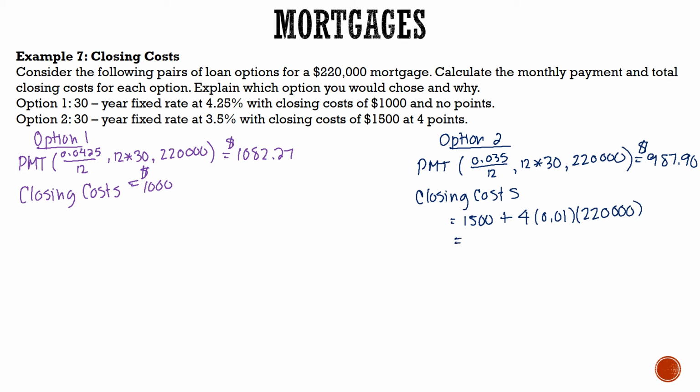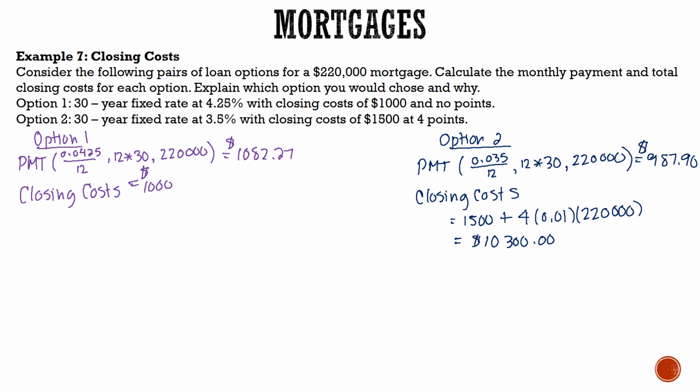So putting that all in our calculator, that's going to come out to actually $10,300 in closing costs for option 2. So we can see that while our payment is lower with option 2, we have upfront costs that are actually $9,300 higher.